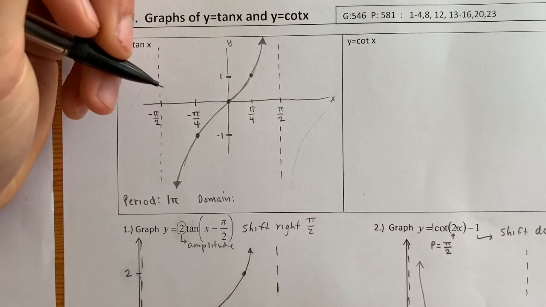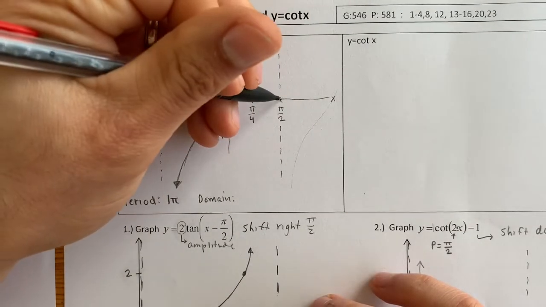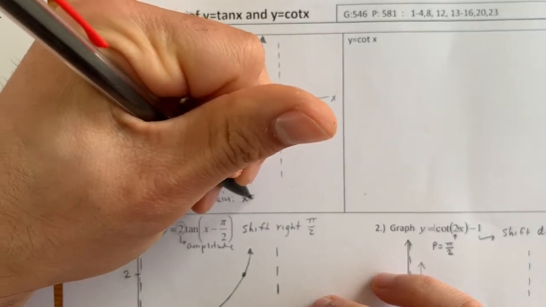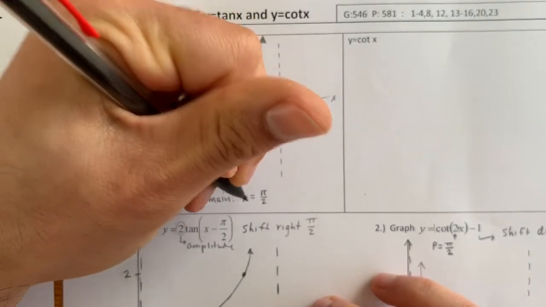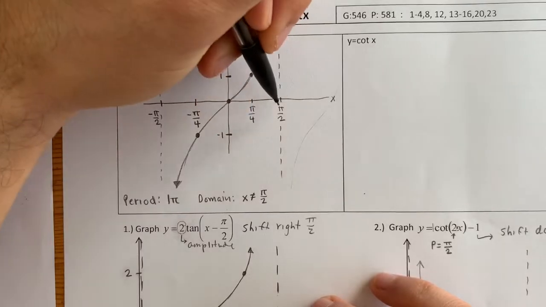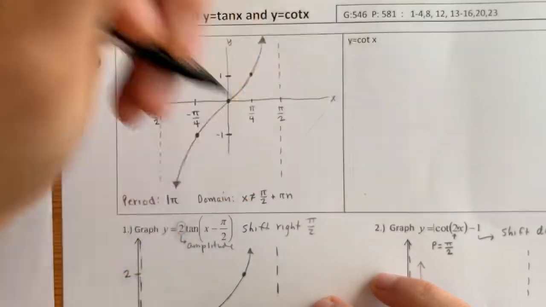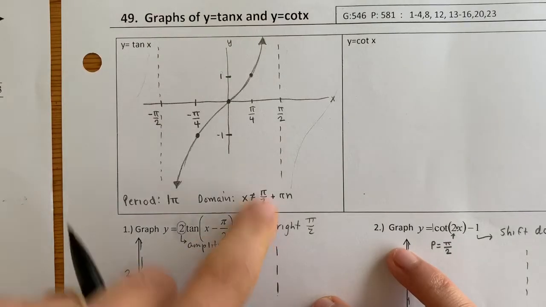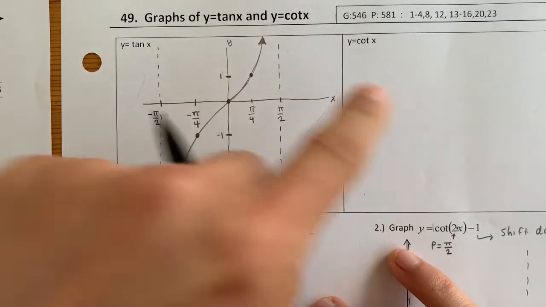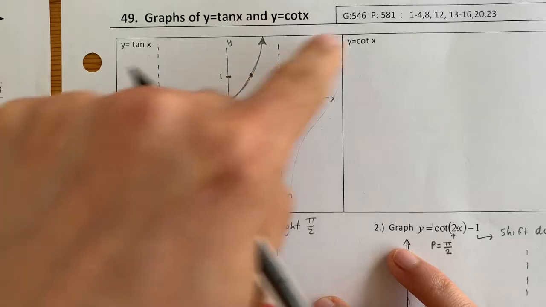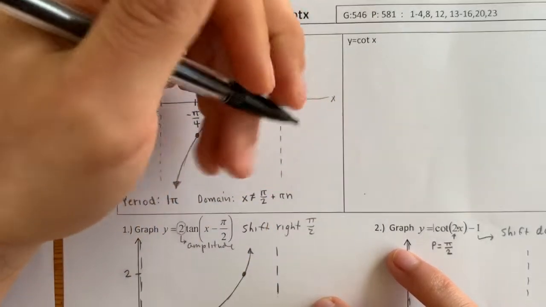And then let's say the domain. The domain here is a little tricky. Basically, x cannot equal pi over 2 and every pi after that. So pi over 2 plus pi n. Like, add the period to that, and it'll hit another asymptote.